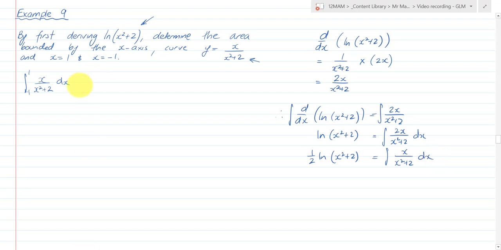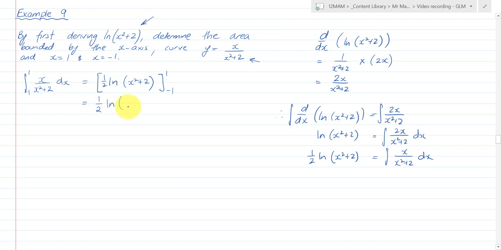So I'll just rub this out, and we know now that this is equal to the natural log of x squared plus 2 between 1 and negative 1, but of course there's a half there, because once we've done our final calculation down the bottom here, we had that half. And so we've got that substitution now, and we can just substitute those things straight in.